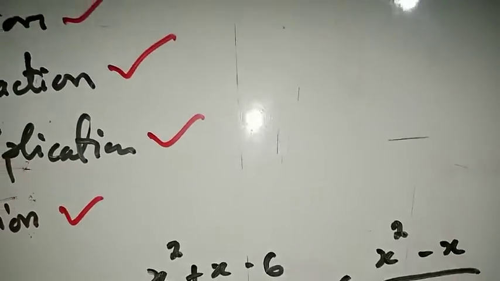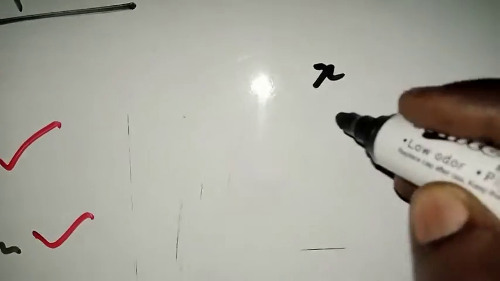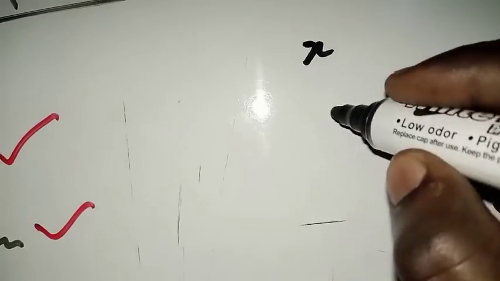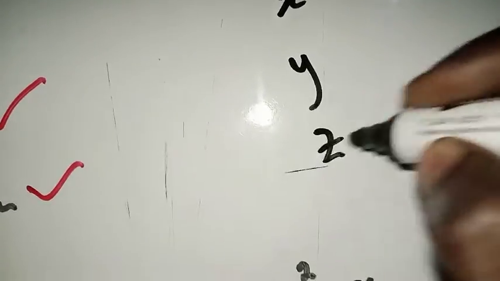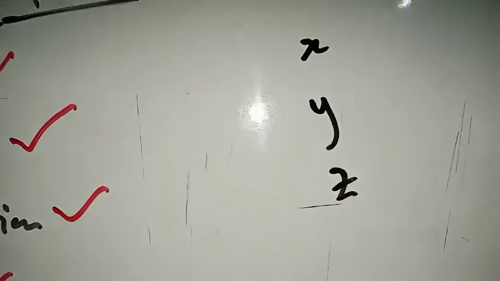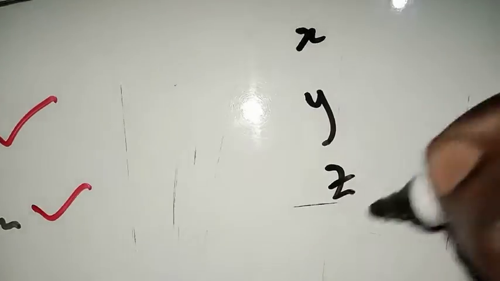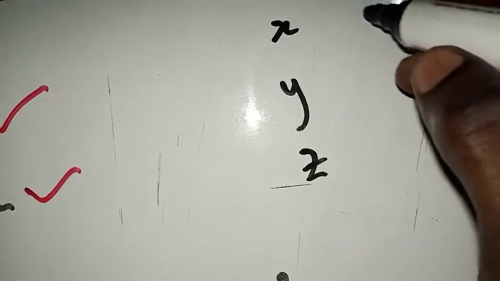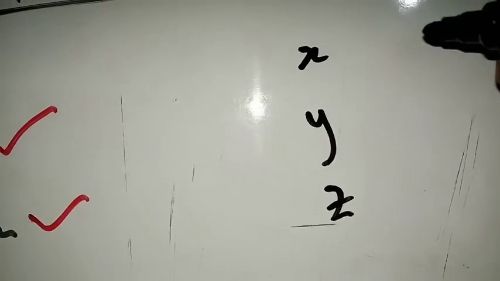So the idea of algebraic expression is that we are just using some variables. Of course, the common letters in mathematics are x, y, maybe z, any letter in the English alphabet, or in some different countries, any letter that you can think of to represent things that we don't know, right?